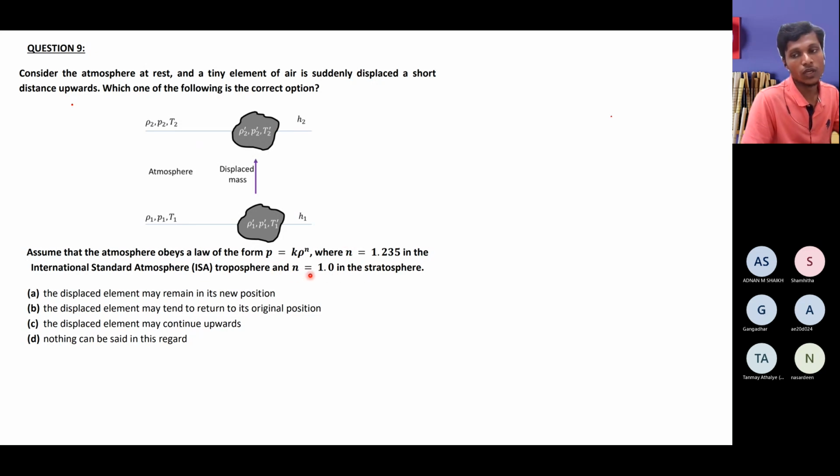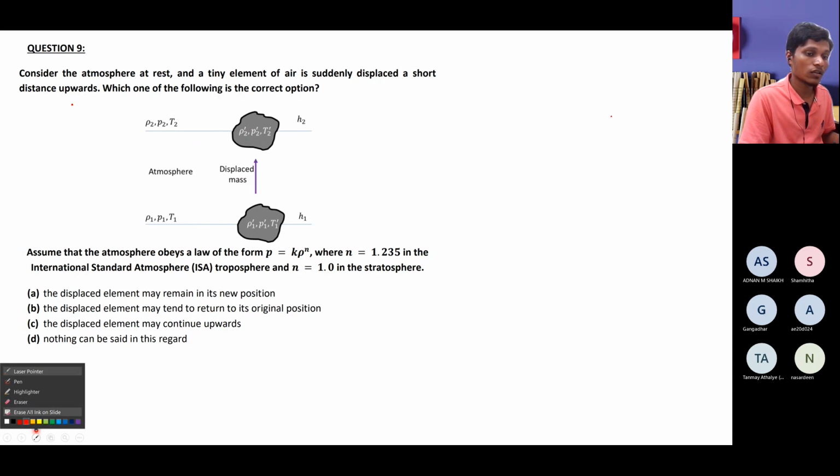Only this much information is given, and they are asking what the particle's reaction would be when it goes to this height: whether it stays there, comes back to the same position, or keeps displacing continuously. I need to give some conceptual understanding before solving this. I also told you at the beginning of the class that the standard atmosphere relations or table will help you a lot.